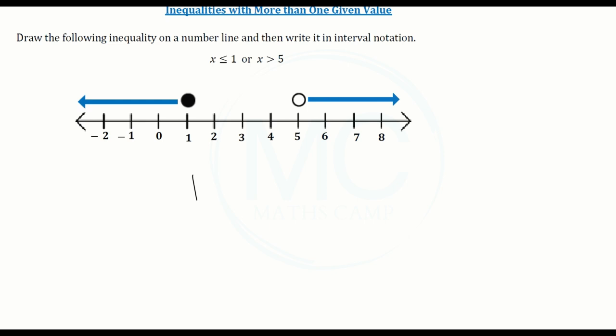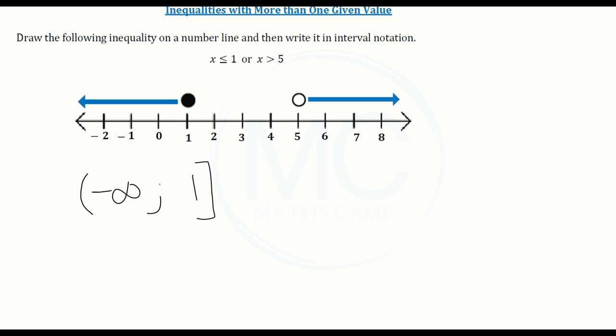This tells us that -infinity will be our lower bound. We always put a round bracket around infinity. X is smaller than or equal to 1, so the possible values of x include 1 as well. So we can put a square bracket around 1.